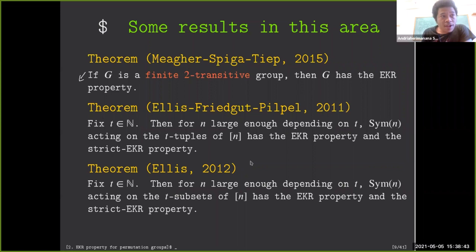And in 2012, Ellis proved the analog of this for the action of Sym(n) on the t-subsets of n. So these two results are, as I said earlier, asymptotic, and the proofs of these two results use the representation theory of the symmetric group and the Hoffman bound.